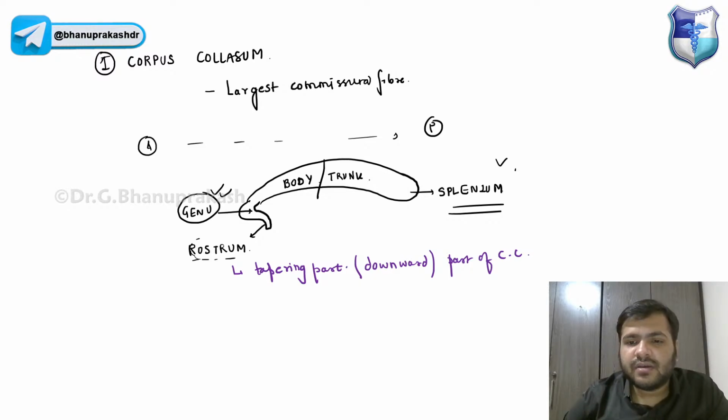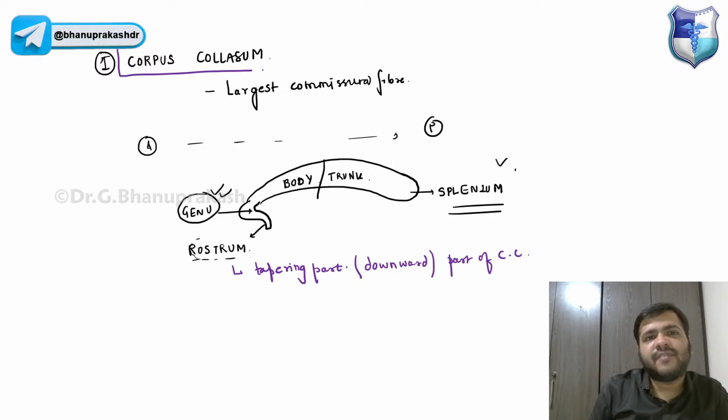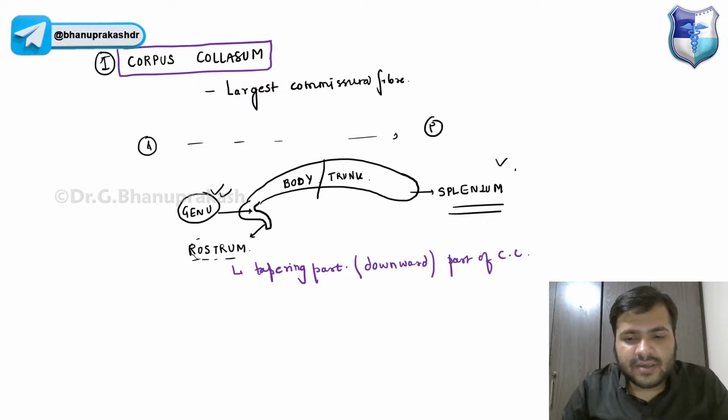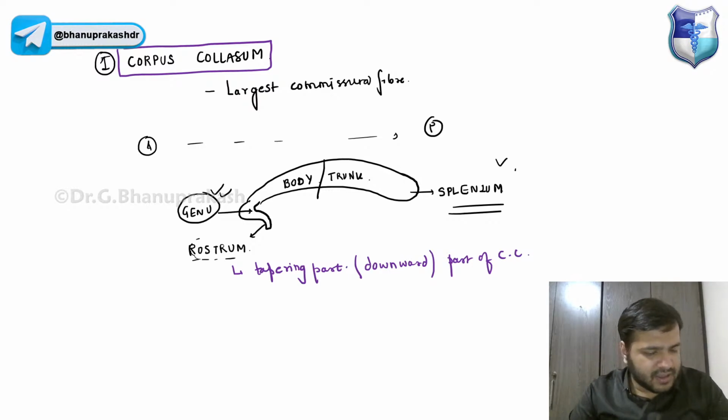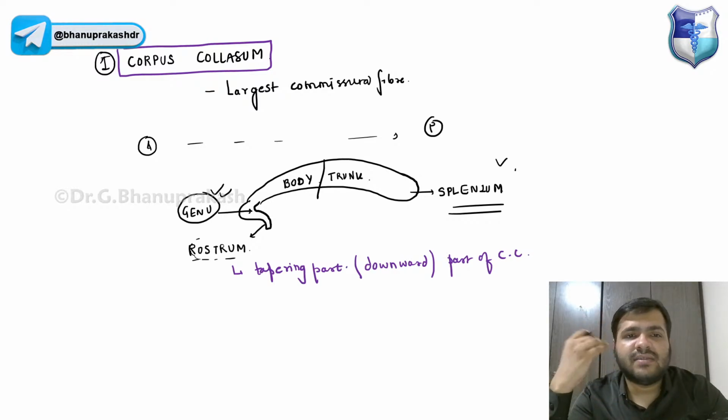Now guys, let us appreciate the other fibers also. We have discussed the corpus callosum fibers. Now let us discuss the other fibers over here. In this particular part, we will be appreciating the anterior commissure, posterior commissure, habenular and hippocampal commissure also over here only.